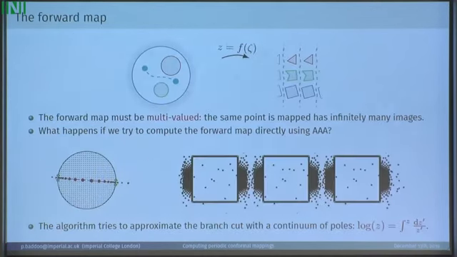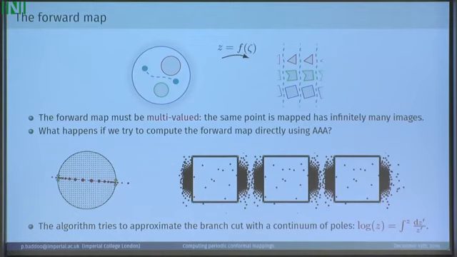Okay, so if we just try and represent the forward map using a rational function approximation, we run into a problem. If we took this circular domain and tried to map it to this periodic domain using AAA, this is an example of the result. These red dots represent the poles of the mapping, and the green dots represent the parameters which we found using the Schwarz-Christoffel toolbox.